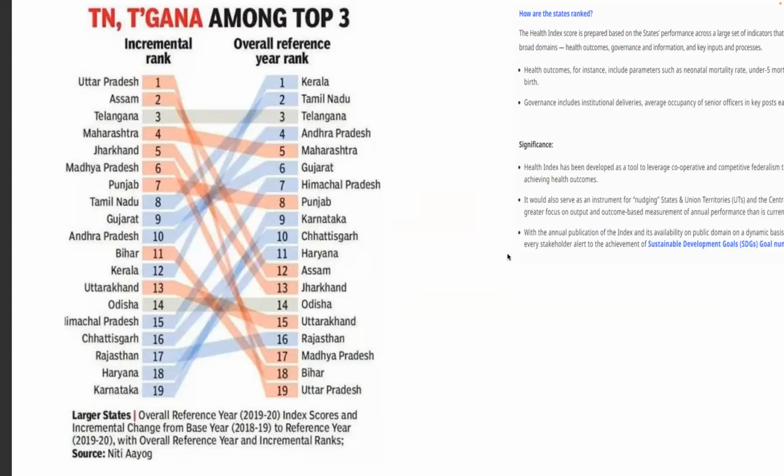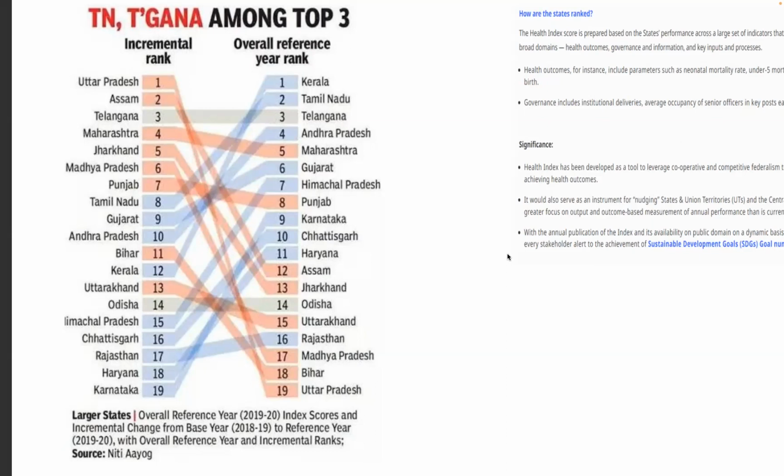So overall reference year 2019 index scores, incremental change from base year 2018 to reference year, with overall reference year and incremental line. It is stating that this change is occurring if you compare the base year and the reference year.